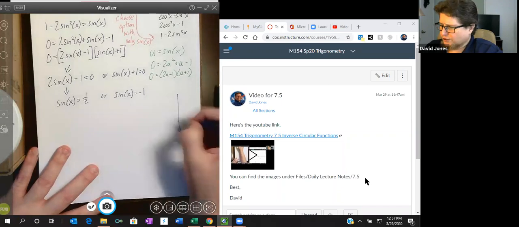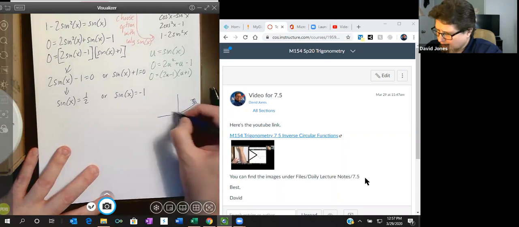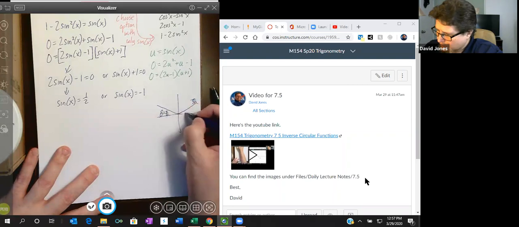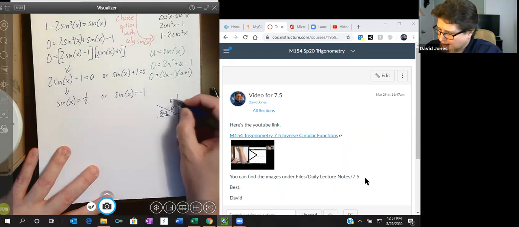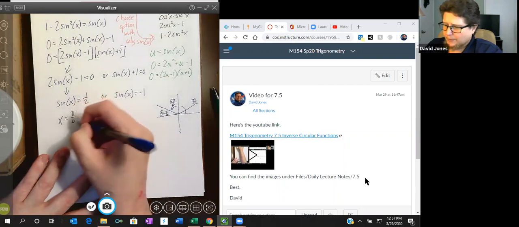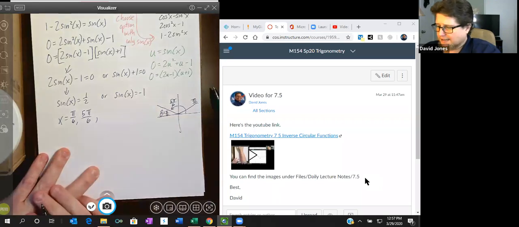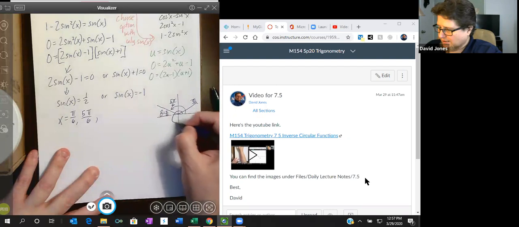So if we look at our unit circle, 1/2 is at pi over 6, which means I need a reference angle of pi over 6, which makes that 5 pi over 6. So x equals pi over 6, 5 pi over 6. And sine x equals -1 only happens in one spot, all the way down at 3 pi over 2.